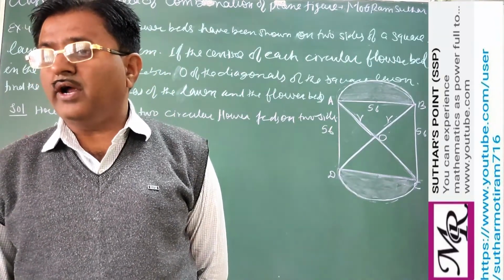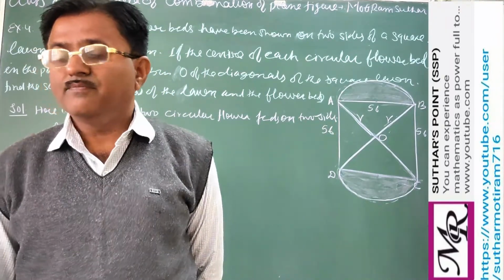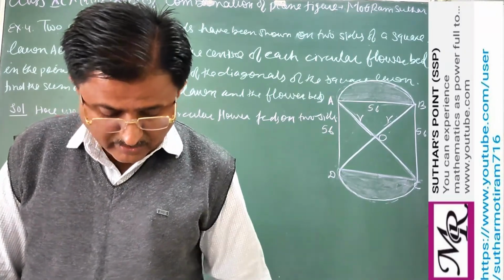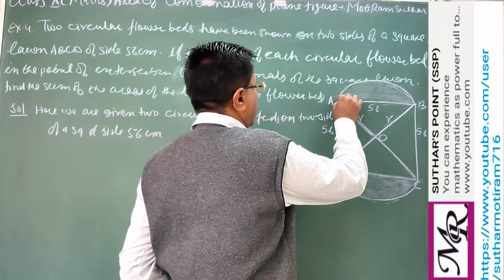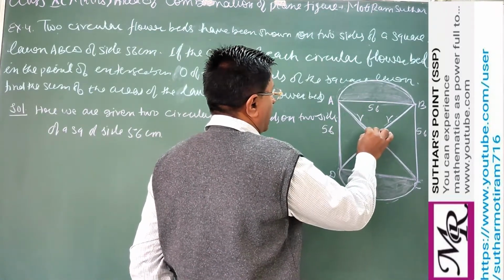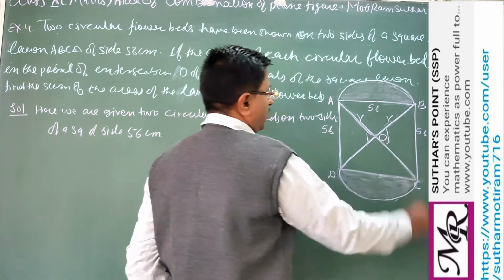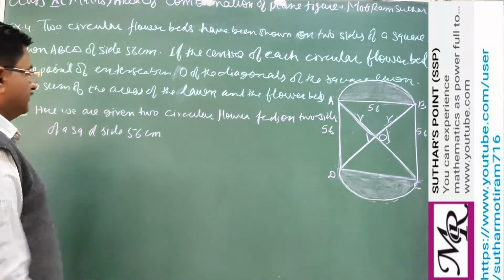So now to find the area, we need some dimensions. We are given this side, and you know that the diagonals of a square bisect each other.